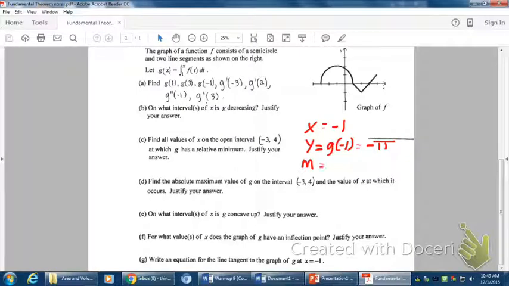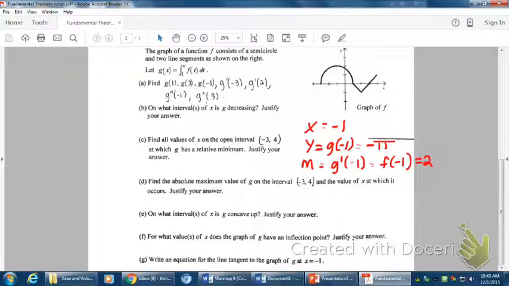And then the slope would be the derivative of g at -1, which means it's f of -1, because we know that g prime is f. f of -1 is just the y value, and you get 2. And now you have all the information you need to write the tangent line.